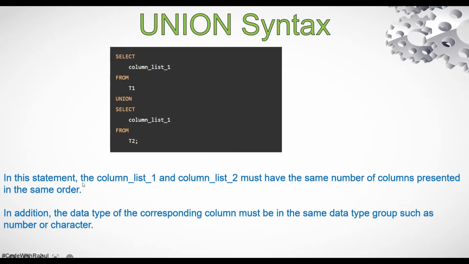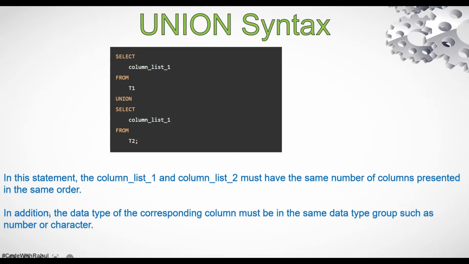In this statement, column list 1 and column list 2 must have the same number of columns presented in the same order. It means if you are giving three columns, let's suppose A, B, C, then you must provide three columns in the below select query, not less than 3 or more than 3. Just remember this.